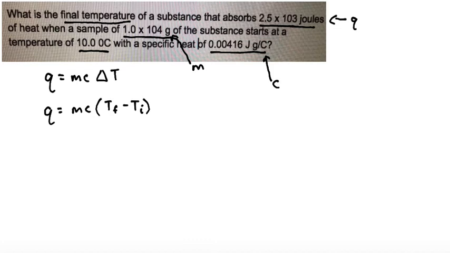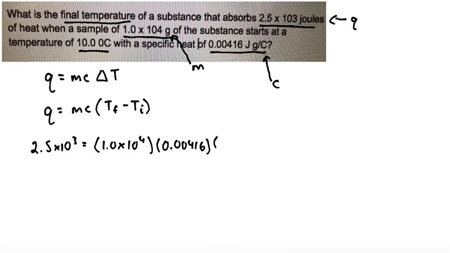We're given the specific heat, so that would be our C. If we plug in the numbers that we know, we can plug in 2.5 times 10 to the 3 joules for Q. I will leave off the units because all of our units are matching: joules, grams, Celsius. That is equal to the mass, 1.0 times 10 to the fourth grams, times the specific heat, 0.00416.